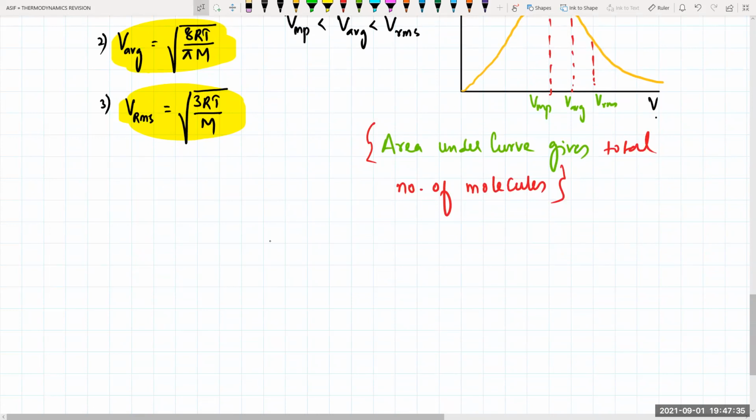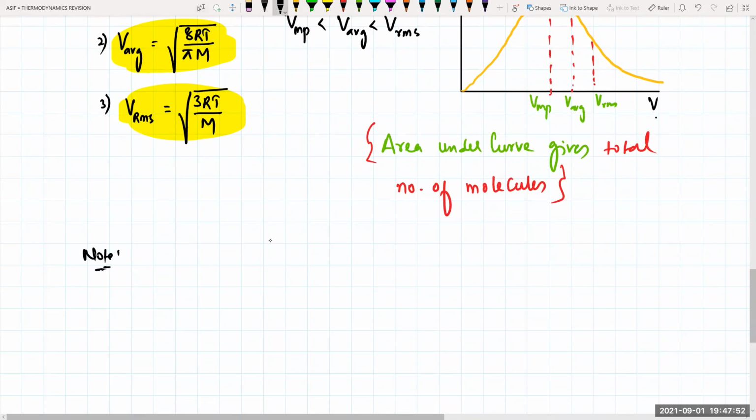Yesterday only I told you what the degrees of freedom are for monoatomic, diatomic and triatomic gases. And how do you write the internal energy for 1 mole of gas which has F degrees of freedom? I'll just keep a note here for you. Very important.